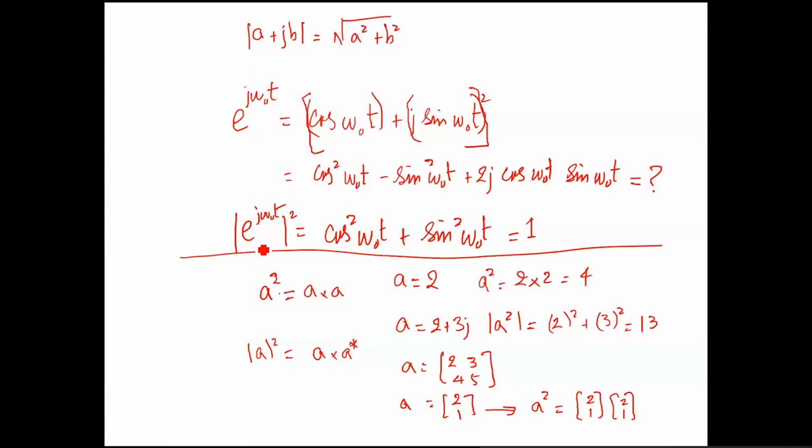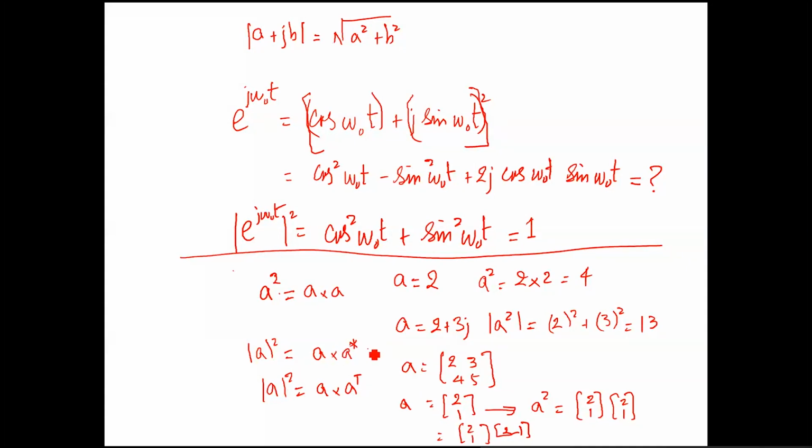In case of a matrix, our squaring is basically a into a transpose. What does transpose mean? Rows and columns get flipped. So in that case, this will become 2, 1 and 2, 1. Now we can multiply that and find out the answer.